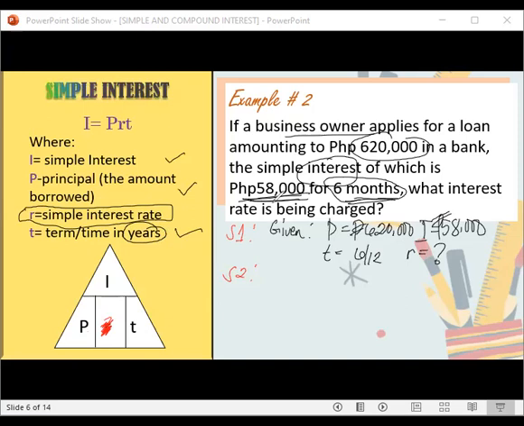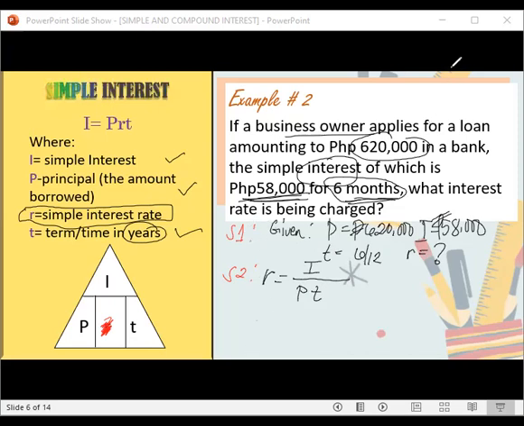So, our formula, dahil rate yung hinahanap natin, rate is equal to the interest over principal times time. So, ibig sabihin, ito yung bago nating formula.